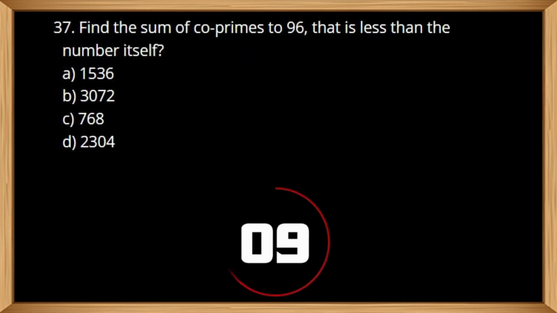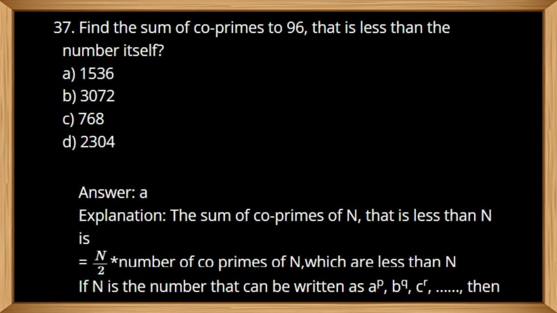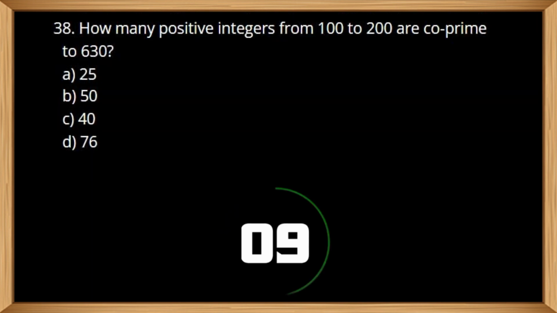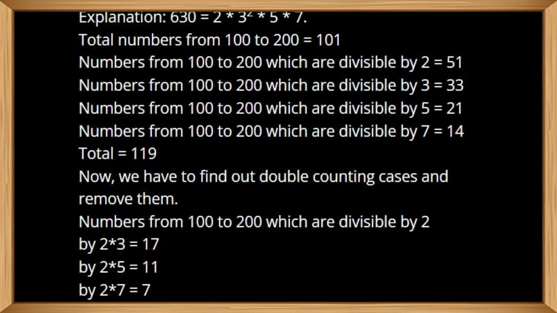Find the sum of co-primes to 96 that are less than the number itself. 1536. How many positive integers from 100 to 200 are co-prime to 630? A 25.